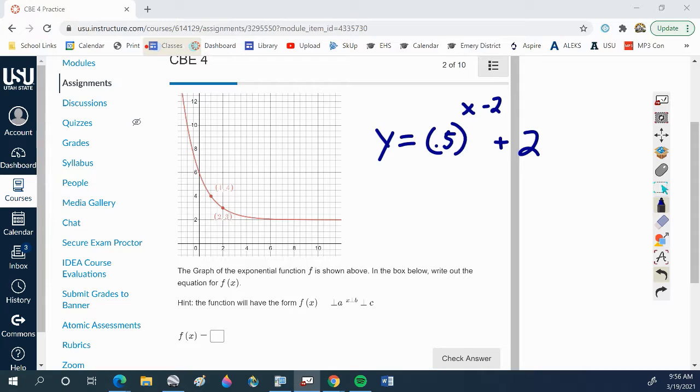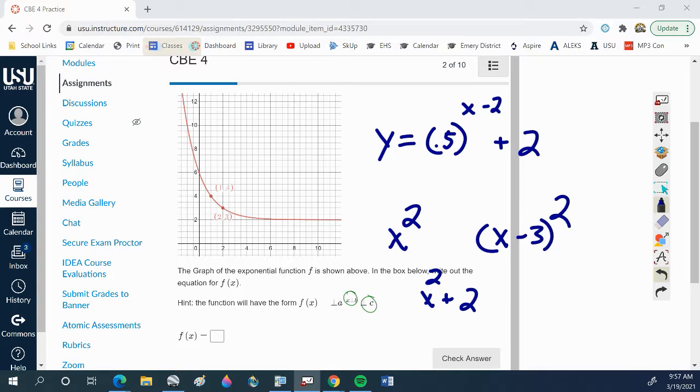So I thought about it a little bit more, and I realized this is just a set of transformations. So if I had x squared, and I changed it to x squared plus 2, what happens to the graph? It goes up 2. What if I changed it to x minus 3 squared? It goes right 3.